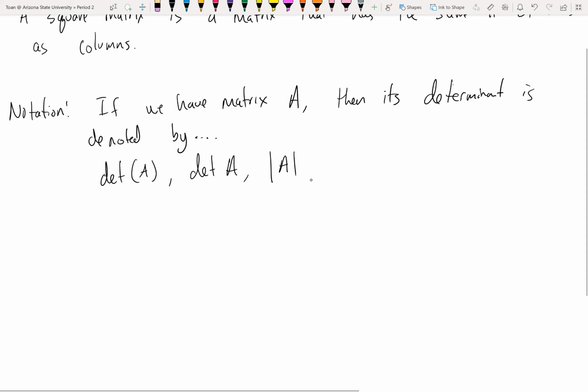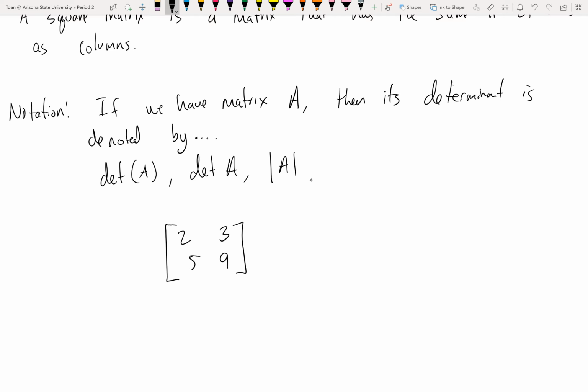So for example, I'm just going to make something up. 2, 3, 5, 9. See how we use those square brackets? This is a matrix. If I were to change those square brackets into vertical lines, this is a determinant.